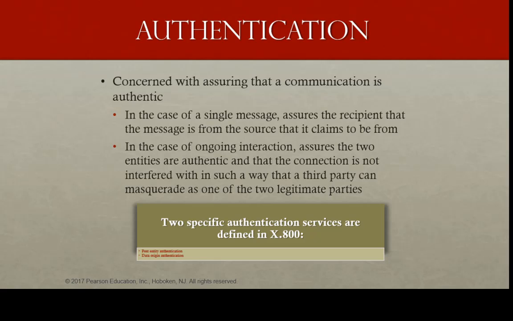Data origin authentication provides for the corroboration of the source of a data unit. It does not provide protection against the duplication or modification of data units. This type of service supports applications like electronic mail, where there are no prior interactions between the communicating entities.